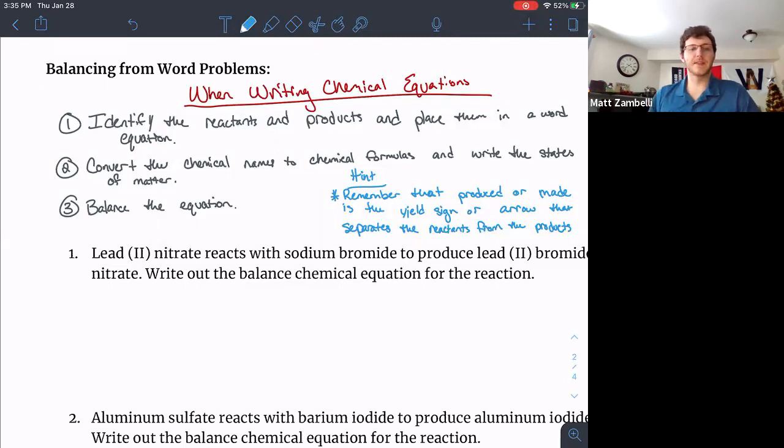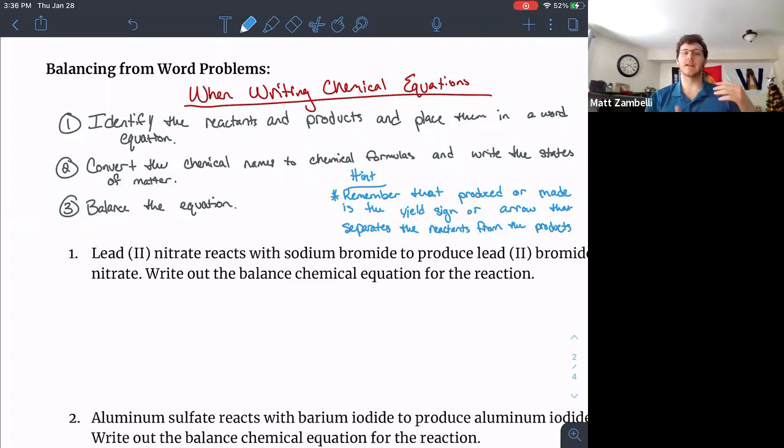All right, most of this we've already done before, but there is one slight thing I need you guys to pay attention to, and it's step number 2, where we're converting the chemical names to chemical formulas and writing the states of matter. That states of matter part is new to us, and it's going to be super important.